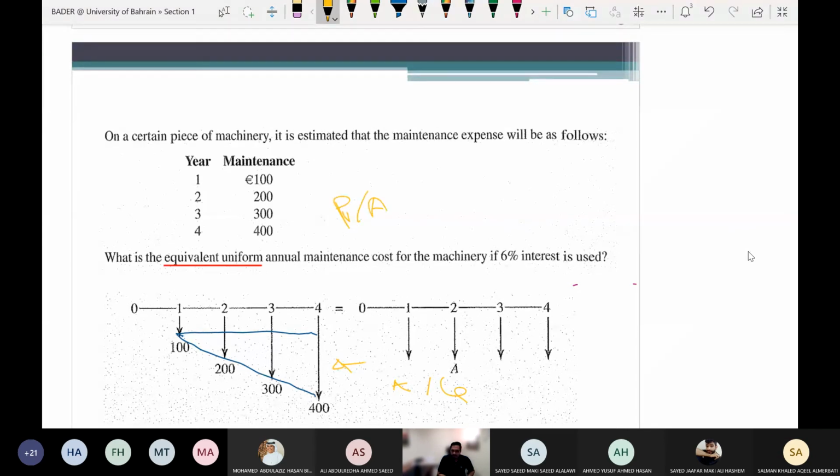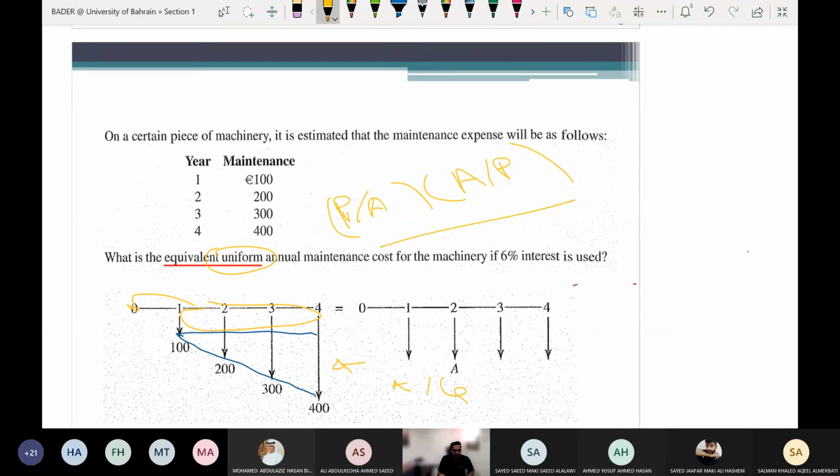Find P given A. Okay, so if we take into consideration what you have just done, you translated all of this into the following point. Again, what I'm asking for is uniform. And some people said find P given A, and then they said find A given P, and they closed the bracket.